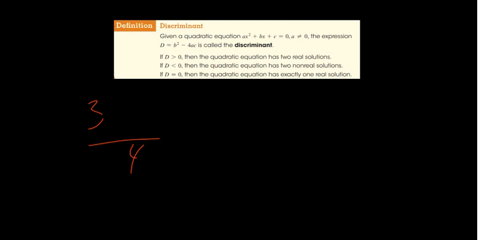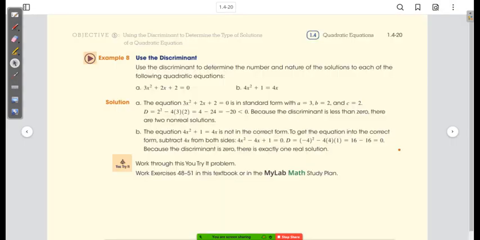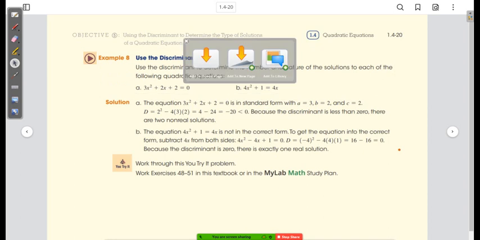So let's go ahead and do a discriminant problem. I'm pretty sure that's the last one for the day. Use the discriminant to determine the number and nature of the solutions to each of the following quadratic equations.